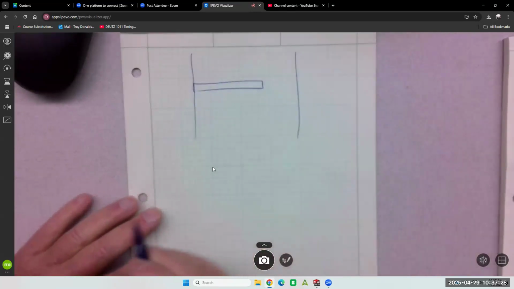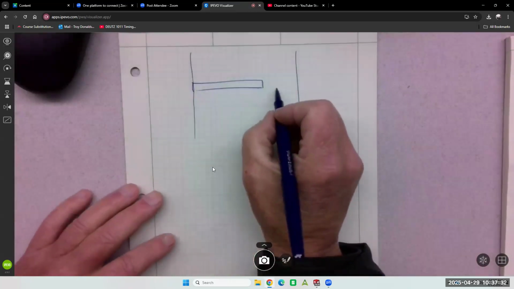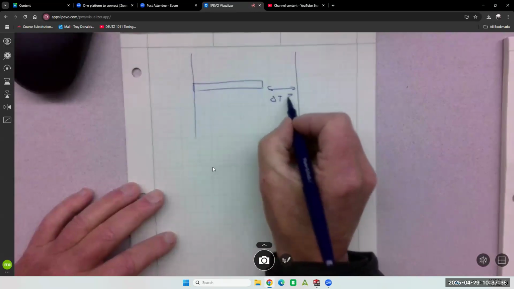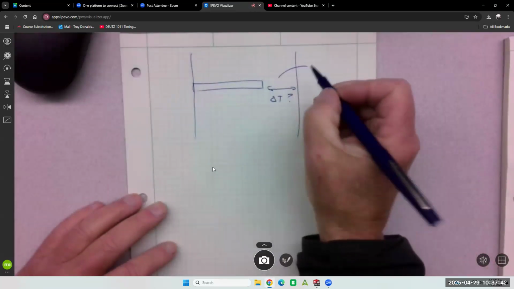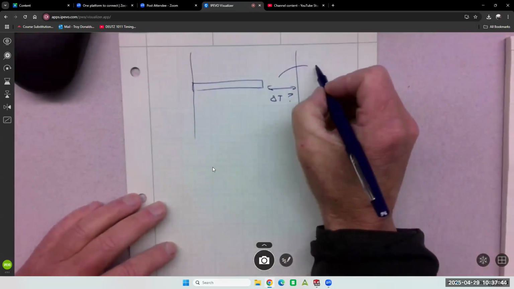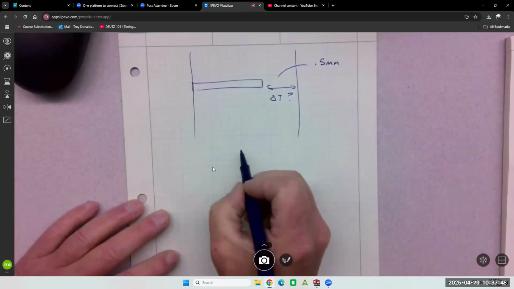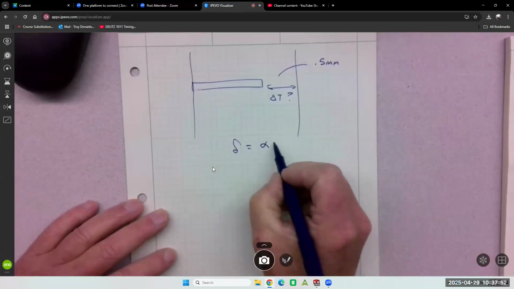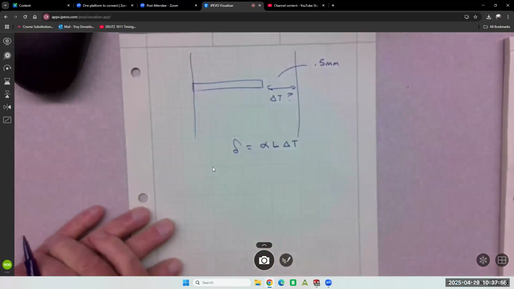It doesn't really matter what the numbers are, but what you have to figure out is how much temperature it takes for it to expand and touch. So our equation is elongation is alpha L delta T, right?